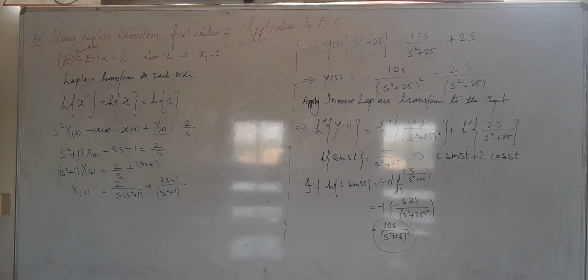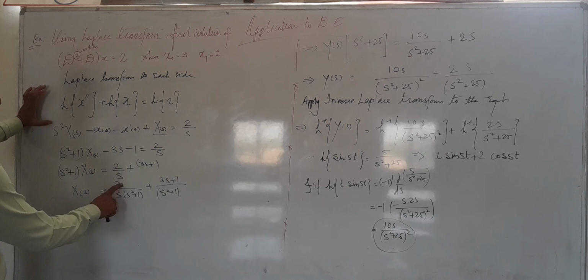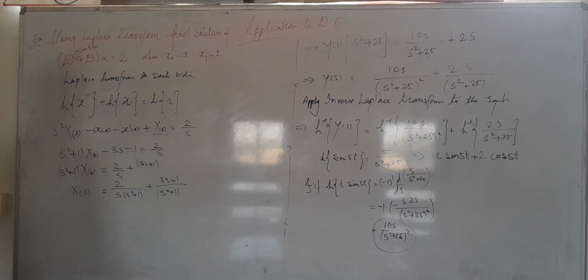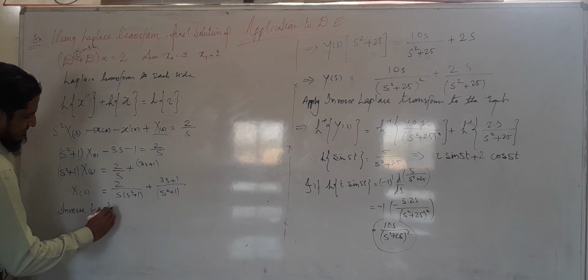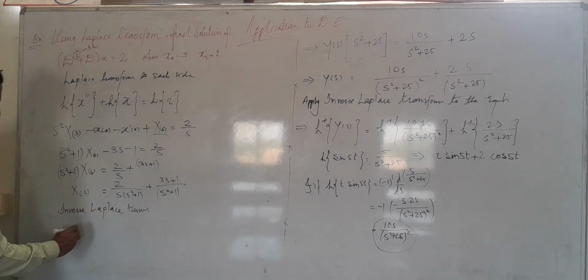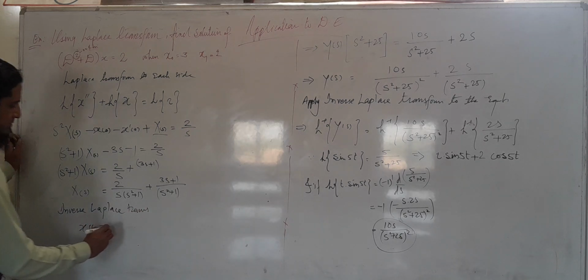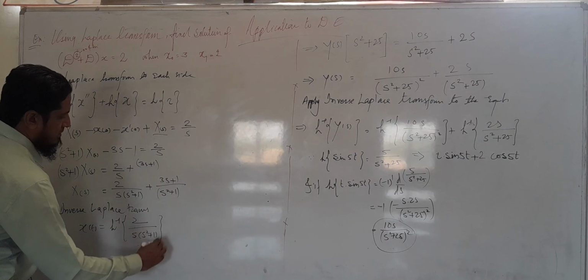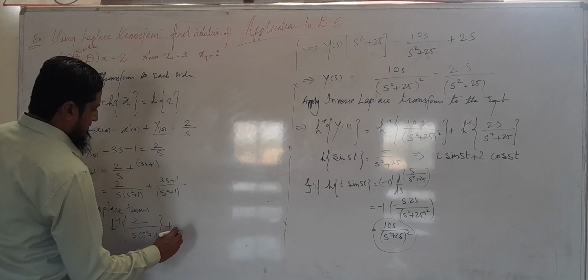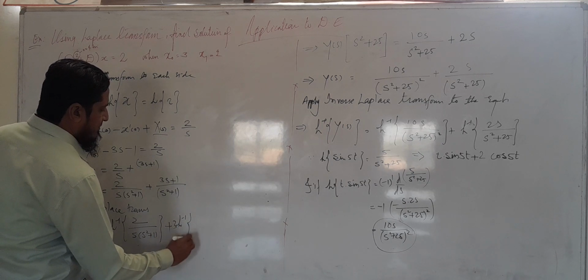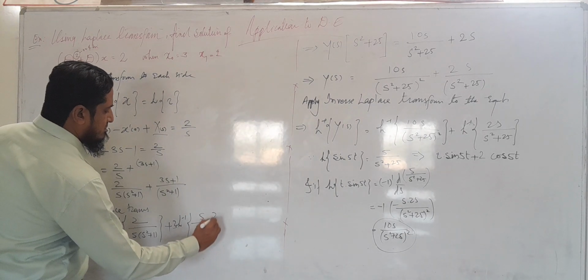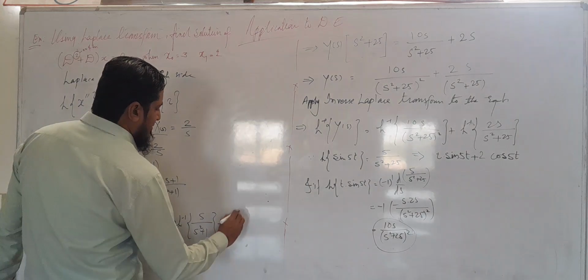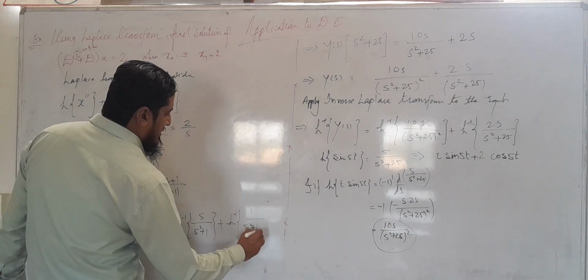Then we will get x(t) is equal to inverse Laplace transform of 2 upon s into s square plus 1, plus inverse Laplace transform of 3s upon s square plus 1, plus inverse Laplace transform of 1 upon s square plus 1.